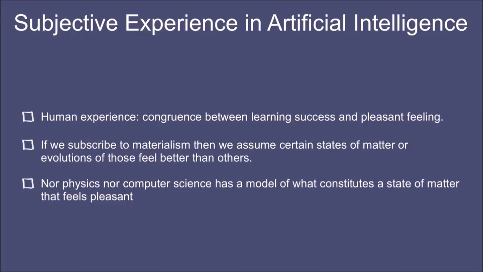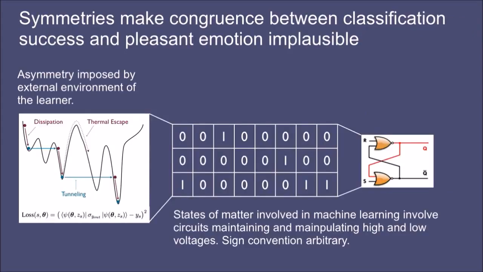We don't really have a model of what constitutes a state of matter that feels pleasant. And I would even argue that, not knowing this, we can make some arguments why a machine learner is unlikely to have this congruence between success in pattern classification and pleasant feeling.